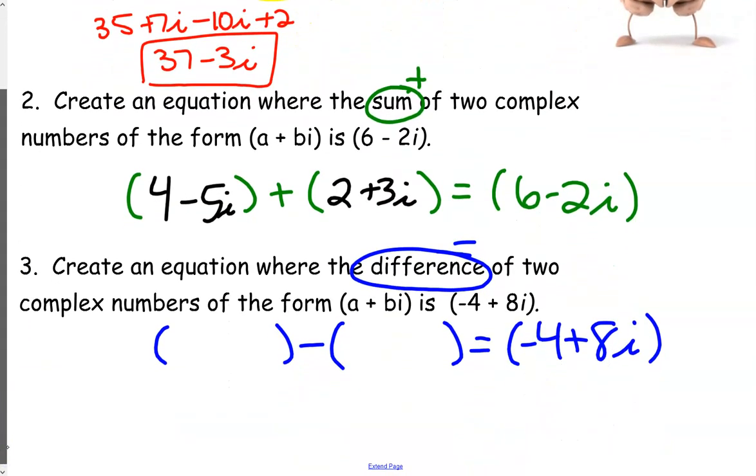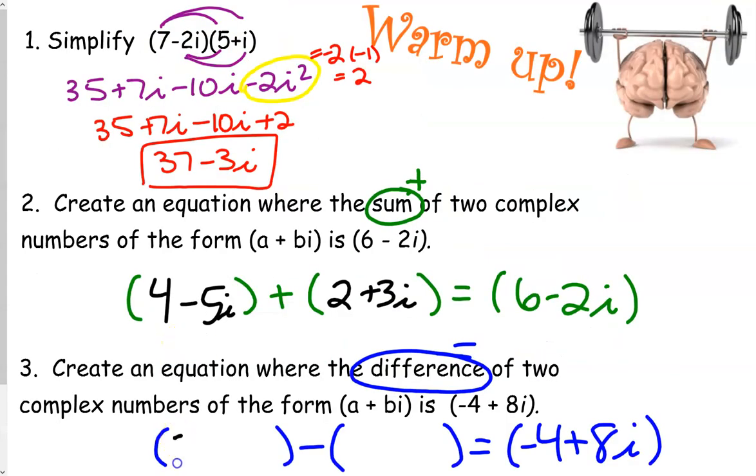Number 3 wants you to create a difference. This is a subtraction problem, and they're going to have to equal negative 4 plus 8i. So to get negative 4, I'm going to do 2 minus 6. That gives me negative 4. And then to get positive 8, I'm going to add 2i to this, and then I'm going to subtract negative 10i, because if I subtract negative 10, that's the same thing as adding.